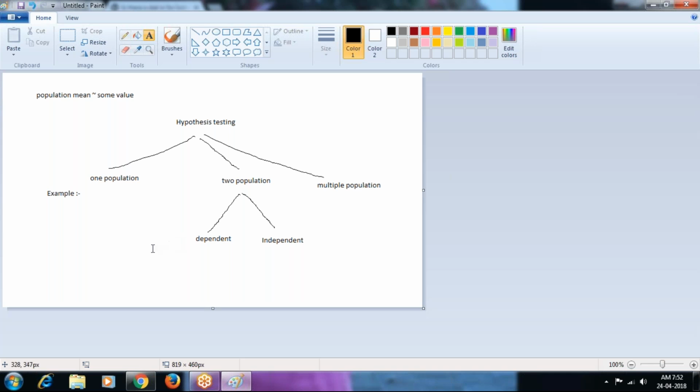Okay. So here it was talking about one population, but when you take multiple populations, these populations can be of dependent type or independent type. So how will you validate whether they are dependent or independent?